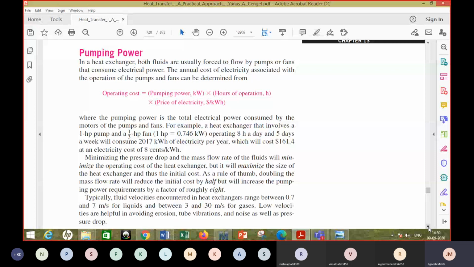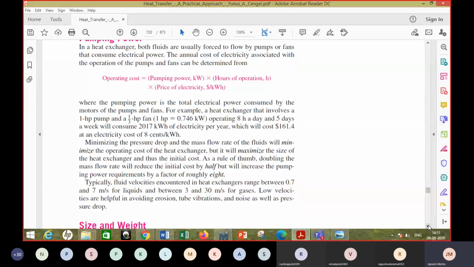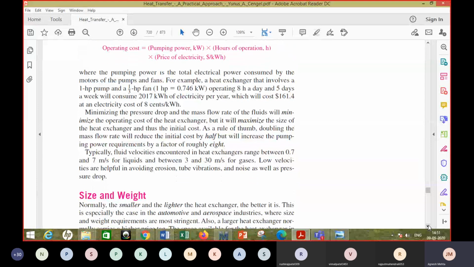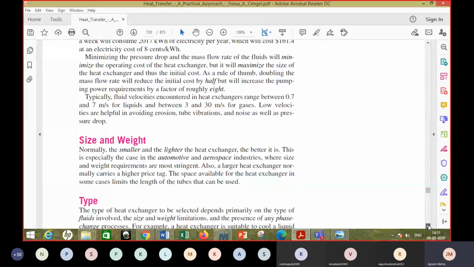If your pressure drop is high, accordingly your pump will be bigger in size or in capacity, delivering higher delta P. So pump cost is one thing, but then again pumping power will always be higher, which will continue throughout the life of the heat exchanger, right? So that pumping power also has to be considered, and you are concerned about power because you have to pay for consumption of the power, right?